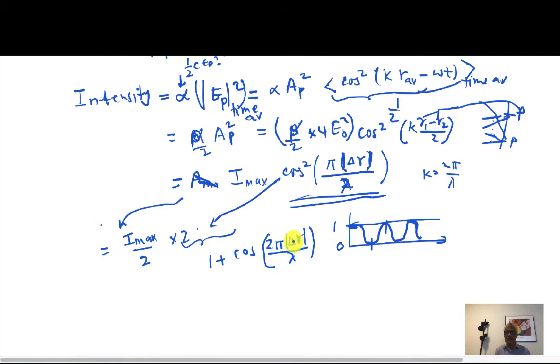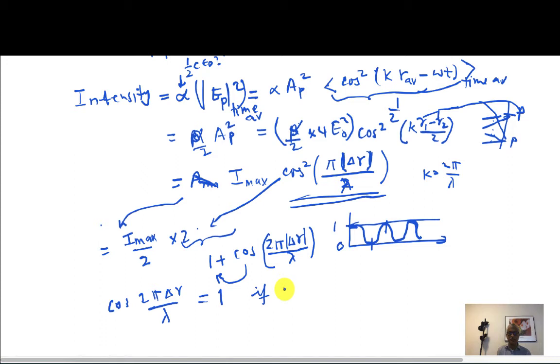So it's actually telling me when this is equal to minus 1 it is going to be 0. So cosine of 2 pi delta r over lambda equal to 1, that's where the max is.